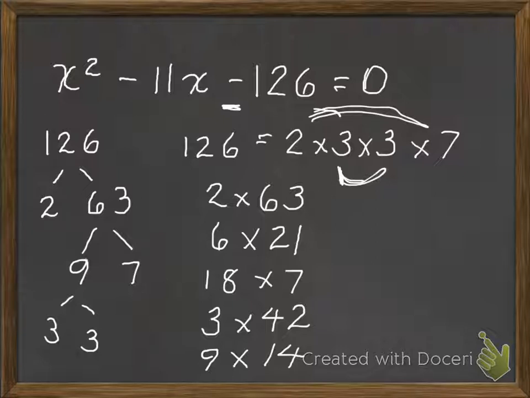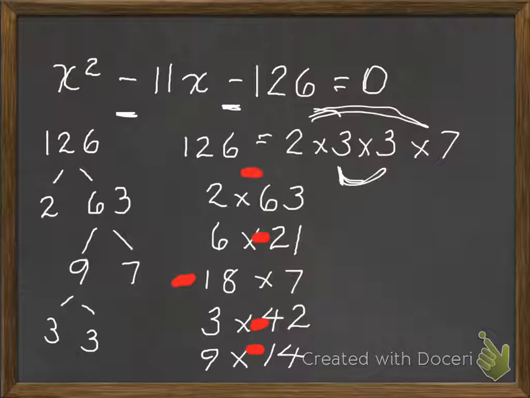But they have to sum to give us a negative here. So to sum to give us a negative, the bigger factor is going to have to be negative this time. So we make the bigger factor negative in each case. And then we think, which of these sum to give us negative 11?